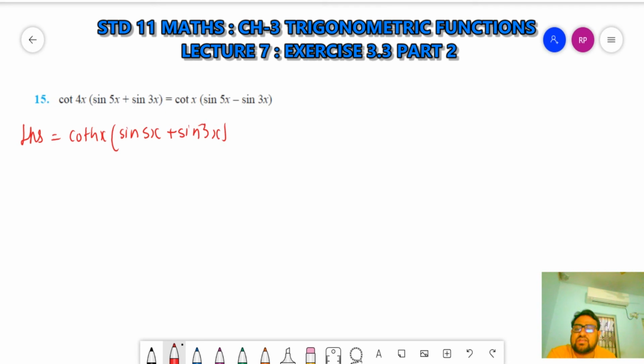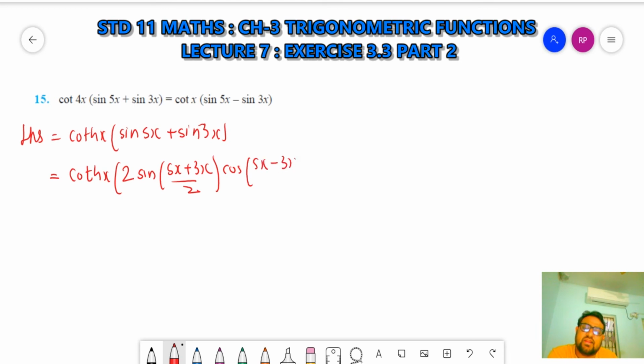Again, here we will use the formula sin plus sin, that is 2 sin C cos. So cot 4x times 2 sin((5x + 3x)/2) cos((5x − 3x)/2). This will be equal to cot 4x into 2 sin 4x, since 8x by 2 is 4x, and cos x, since 2x divided by 2 is x.